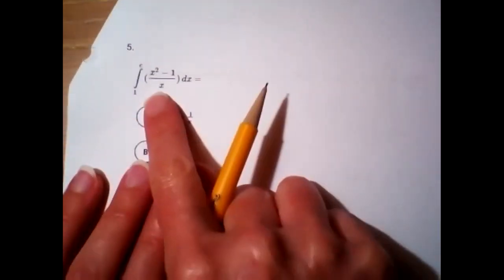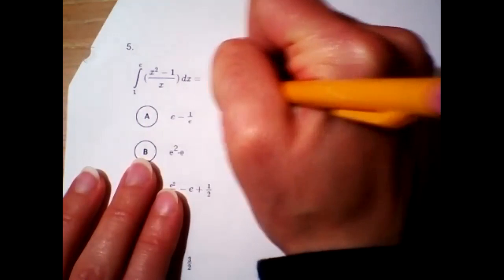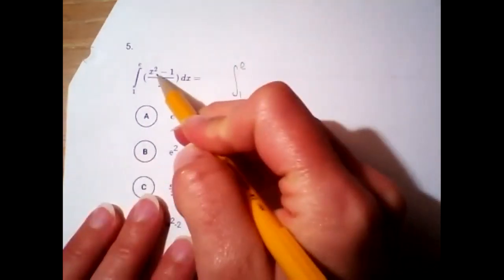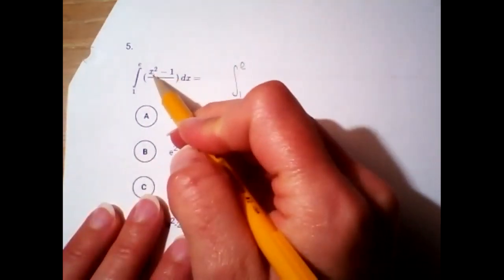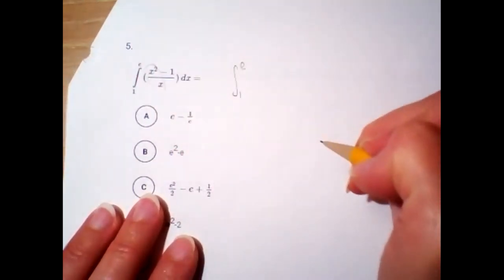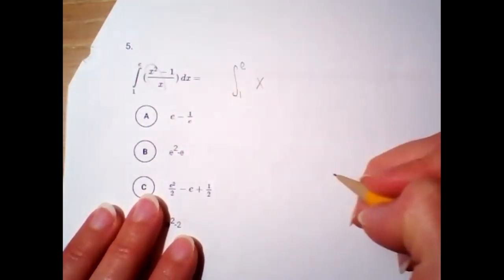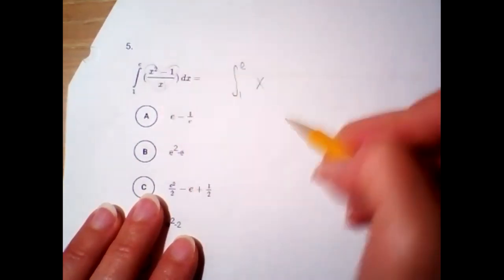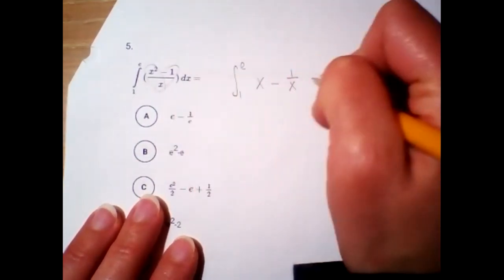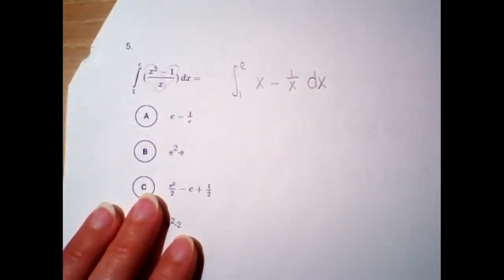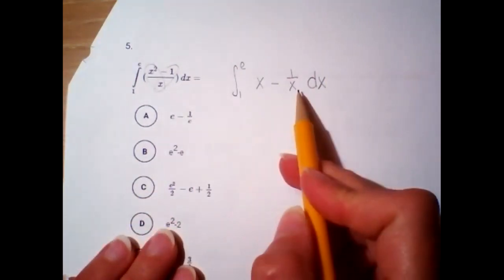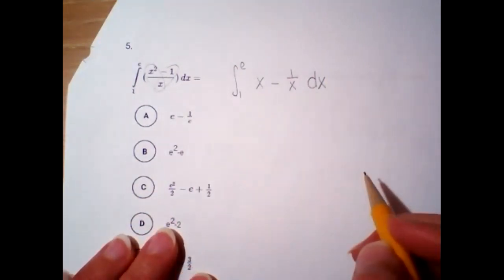All right, for number 5, we've got this fraction here. What I would do is rewrite this and just divide through by the x. So x squared divided by x, that's just going to be 1x. And then it will be minus 1 over x. And then I would just do it as 2 separate terms, just 2 separate problems.